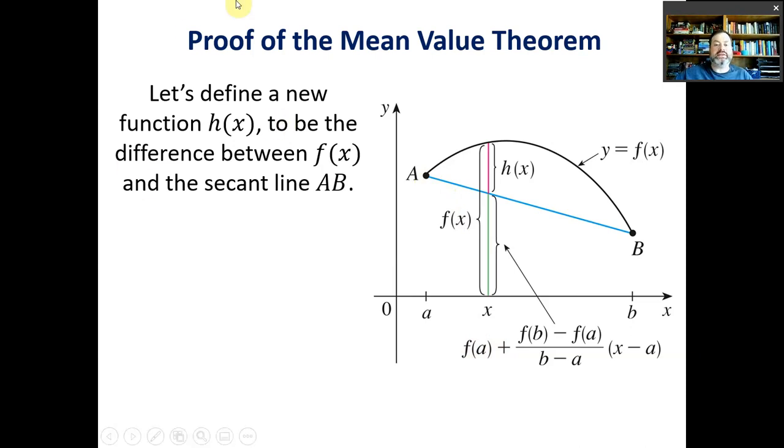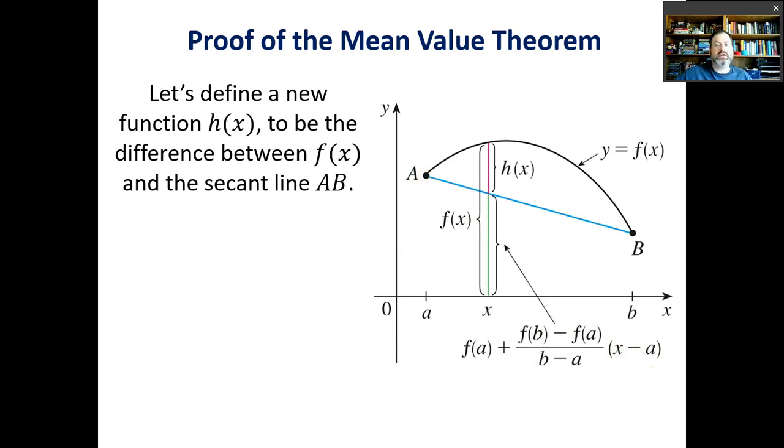So as you slide down here, your y coordinate is given by this equation. So look here, it starts at f of a. Here's your slope times the difference between x and a in the x-axis. So if we start here at a, then x equals a, and this is 0, right? Because you just have a minus a. So this is 0. So we just have the point f of a.